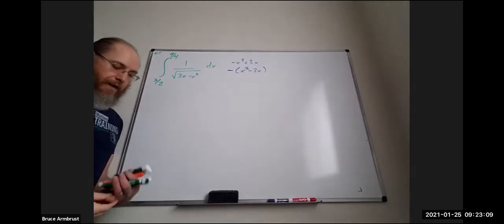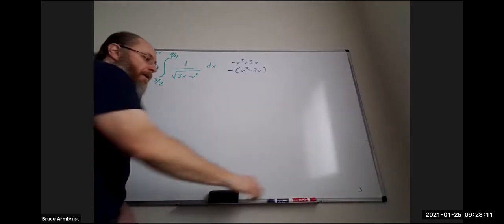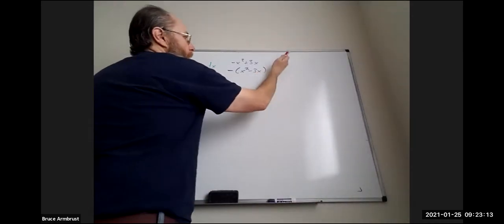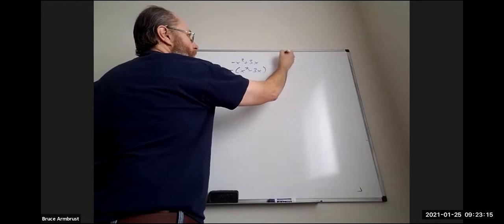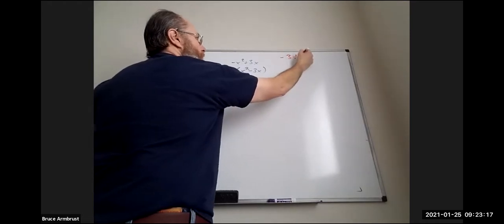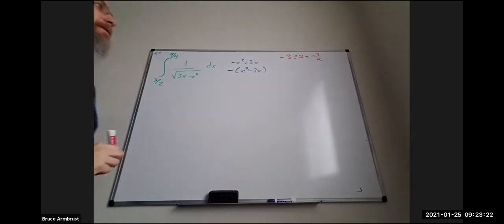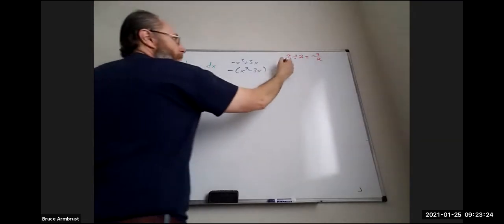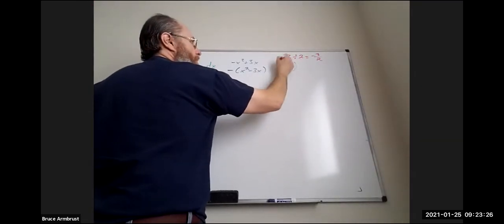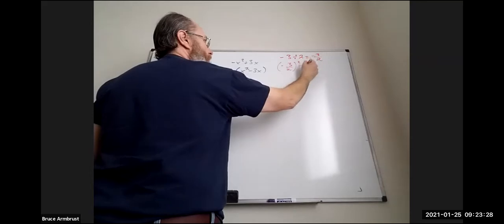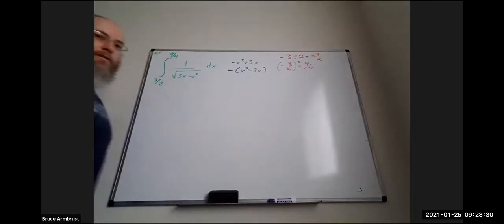All right, so now we get to complete the square. So my coefficient on x is minus 3. And I take minus 3 and divide it by 2, which gives me minus 3 halves. And then I'm going to take that minus 3 halves, and I'm going to square it, which gives me 9/4.